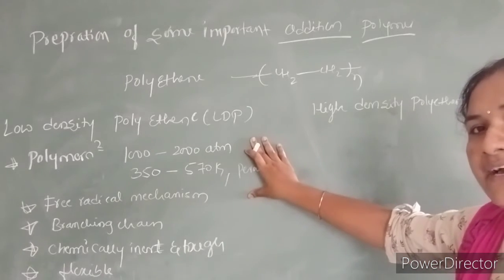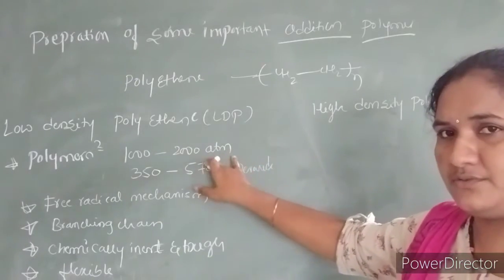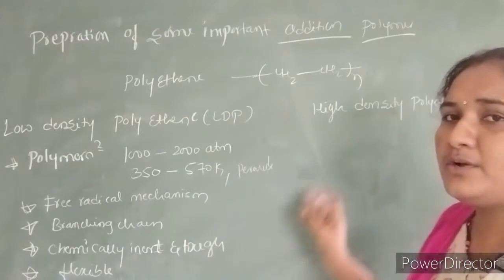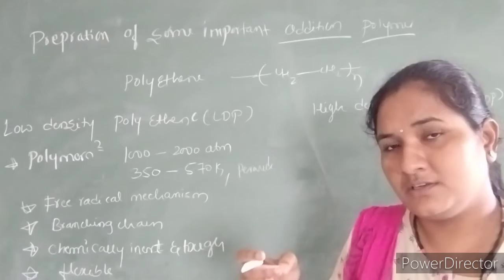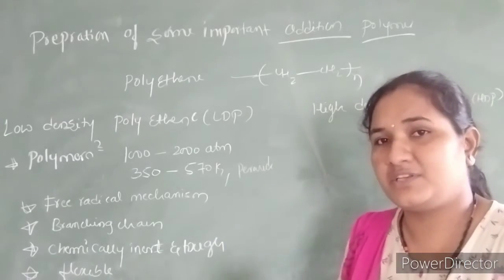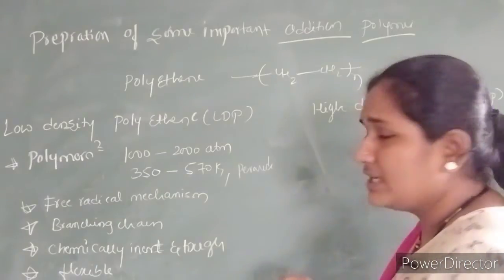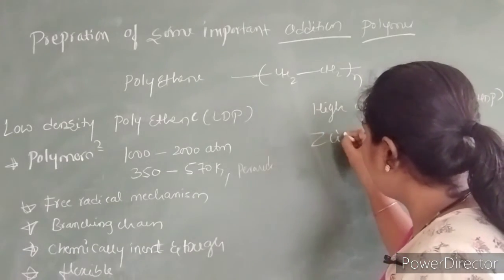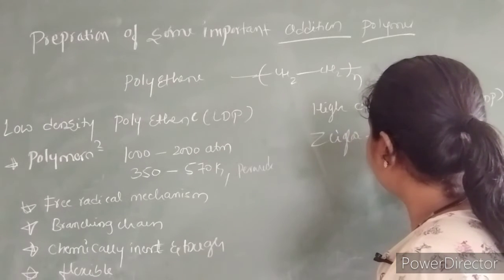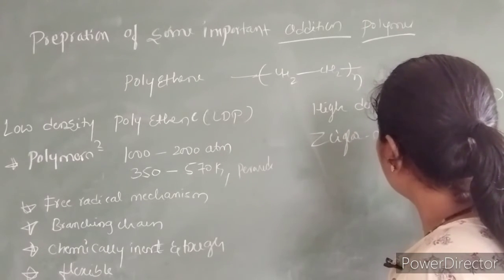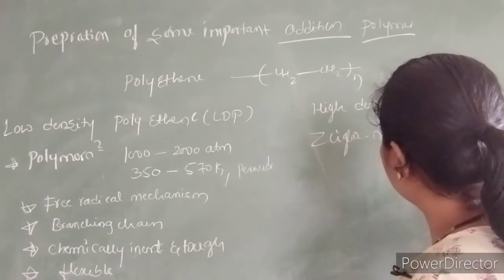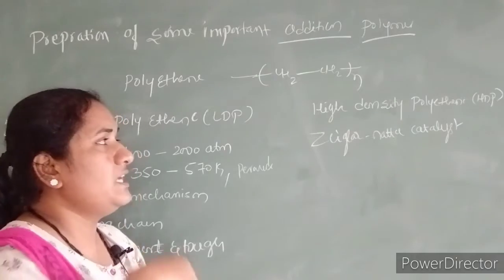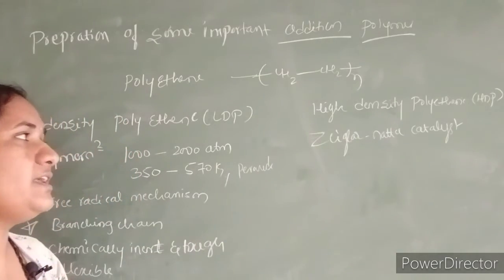Here we require high temperature and high pressure for the preparation of low density, but in the case of high density polyethylene we require only minimum temperature and minimum pressure, because here we use a catalyst called the Ziegler-Natta catalyst. This catalyst is helpful for the preparation of long chain high density polyethylene.